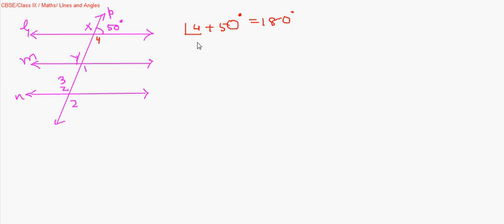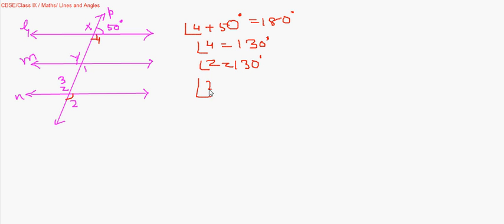So, angle 4 is 130 degrees. Now, angle 4 and angle 2 make corresponding angles. These two. They make corresponding angles because L and N are parallel lines. So, angle 2 will be 130 degrees.